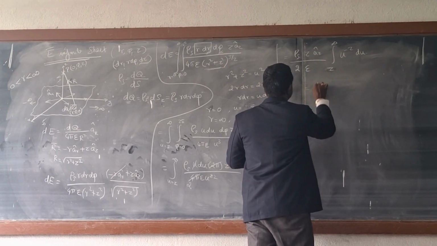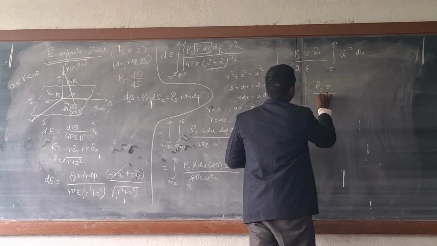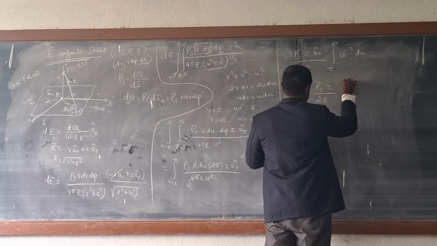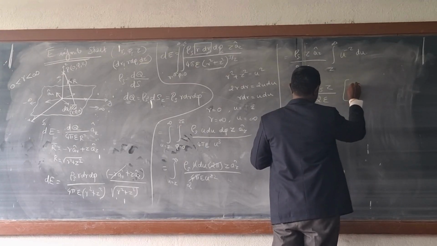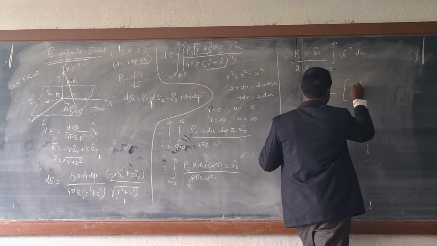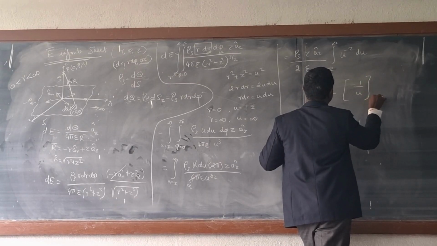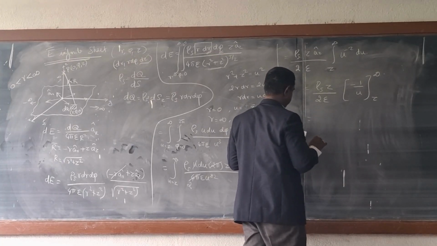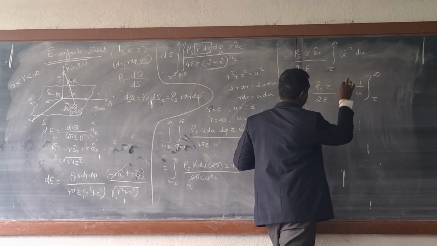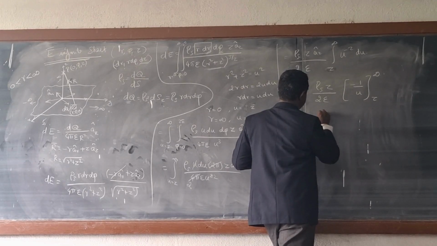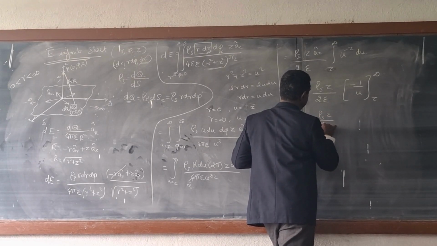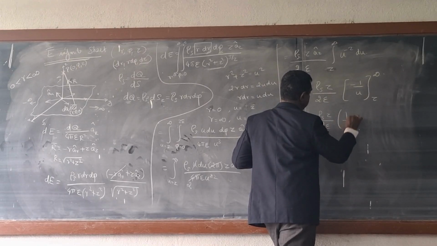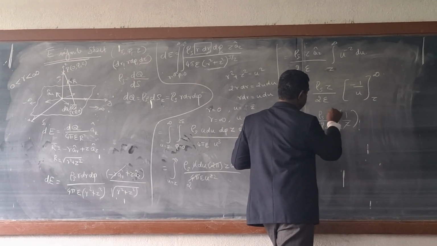If you solve this, rho s Z by 2 epsilon into minus 1 by u from Z to infinity, this will become 1 by Z. So rho s Z by 2 epsilon times 1 by Z, that Z and Z will cancel.